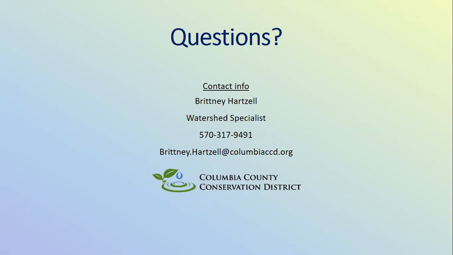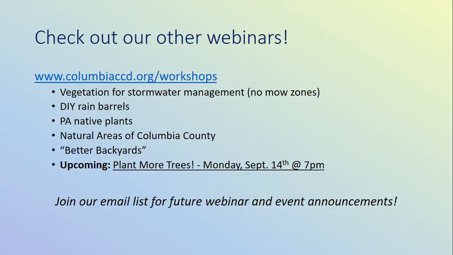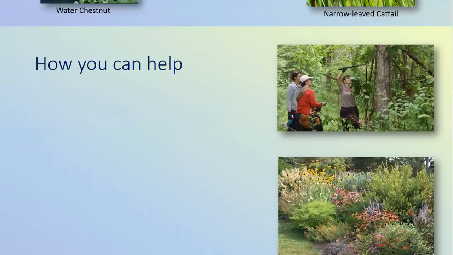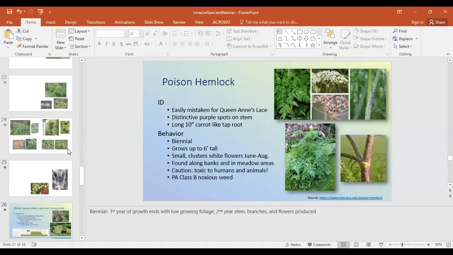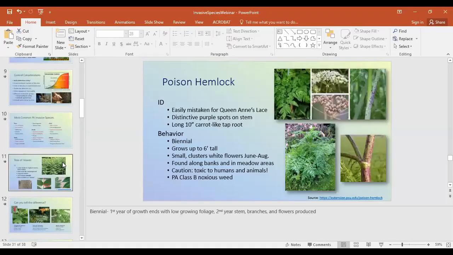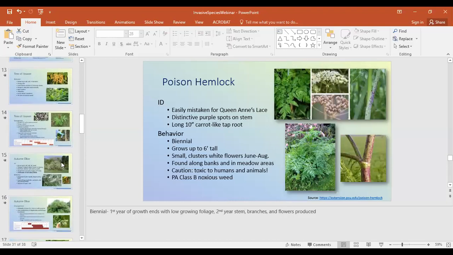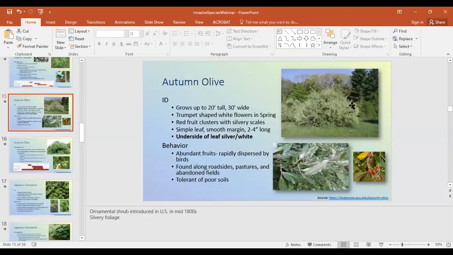Claudia asked if autumn olive resembles the honeysuckles. Not really. I'll go back a couple slides. Autumn olive is more of a shrub, so it's going to be much more shrubby. It's going to look kind of like this here. And again, that silver leaf is definitely a key characteristic.